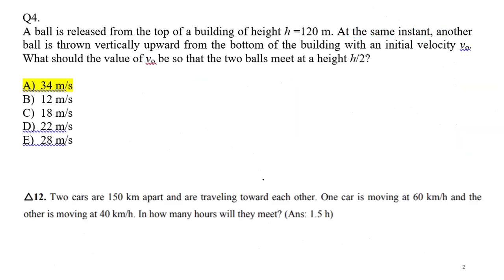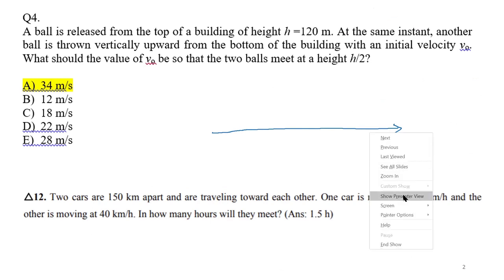Okay, now let's go to the second problem. Here I have 2 cars which are 150 kilometers apart. Always draw. In physics, I can solve this problem without drawing anything, but we are in physics. You model the problem. You take your time and you put the axis properly.